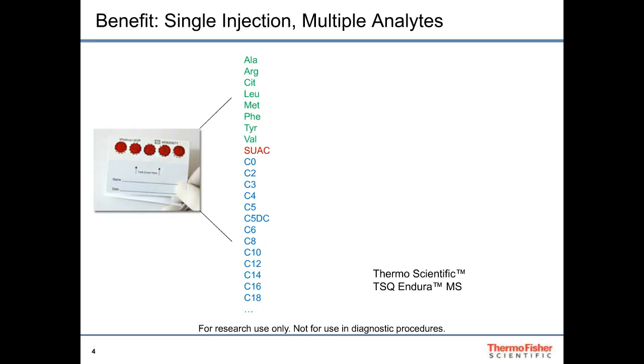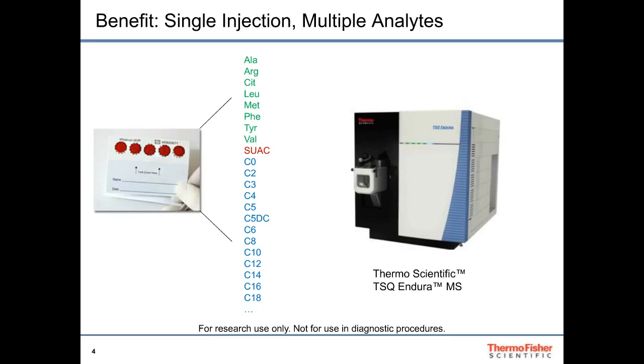Those are the acylcarnitines, and they get extracted from the dried blood spots. The tandem mass spectrometry system can measure these individual sample analytes with high selectivity and sensitivity, enabling us to detect and quantify multiple analytes from a single injection into a flowing stream, even without derivatization.